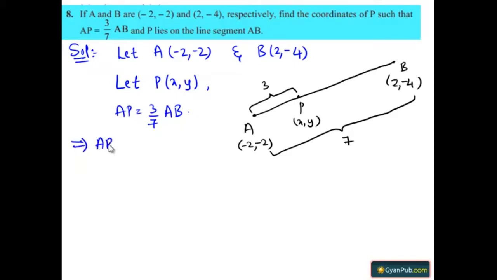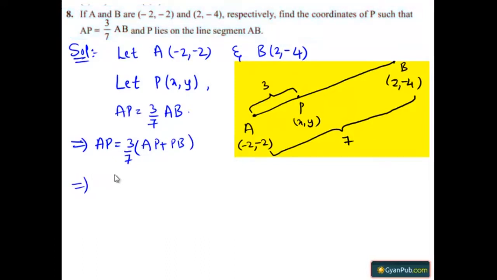AP equals 3 by 7 of AB, where AB can be written as AP plus PB. This implies multiplying by 7 on both sides, we get 7AP equals 3 times (AP plus PB). This implies 7AP equals 3AP plus 3PB.